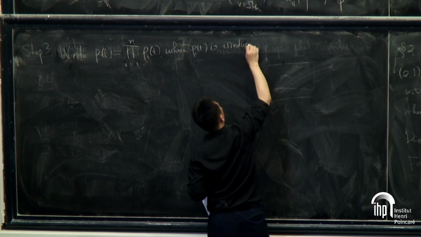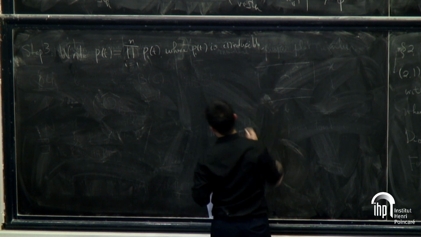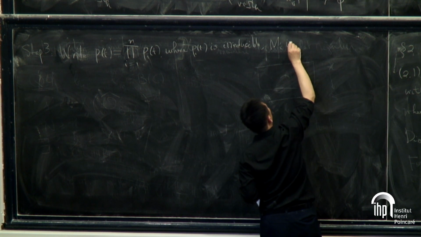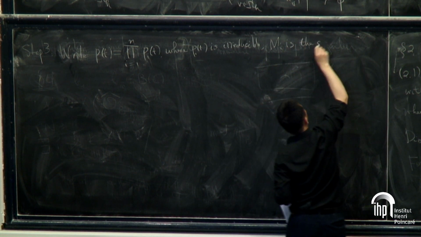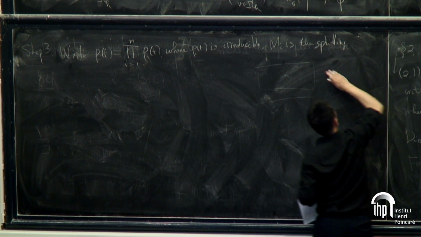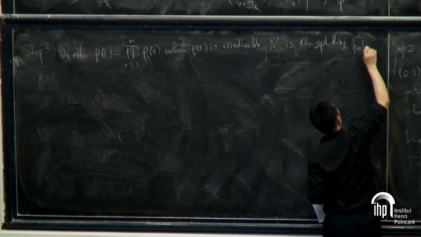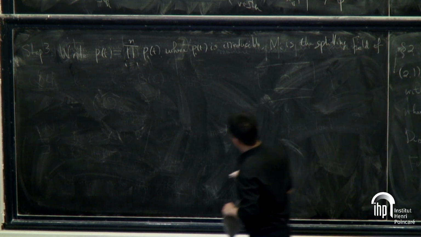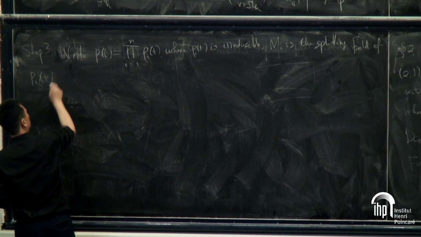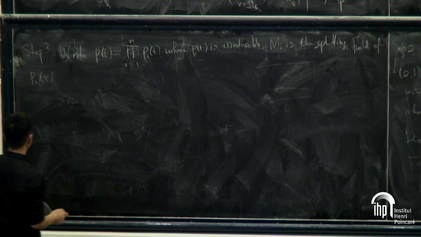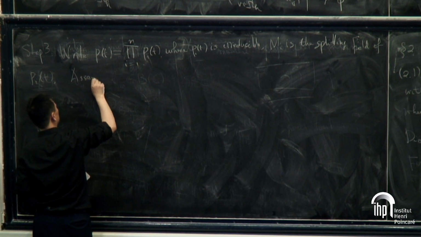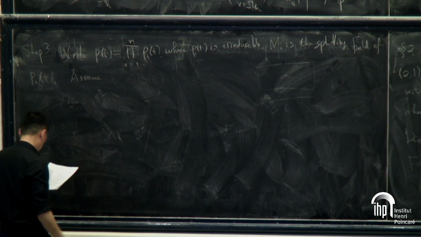And using this M_i, is the splitting field of this P_i(T). For this moment, I assume, well, for simplicity, but this can be gotten rid of.